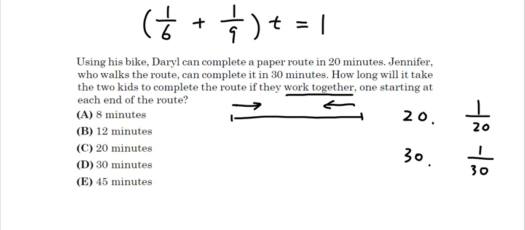So they work together. Start. So how long will it take to finish the job? Suppose 10 minutes. So 10 minutes for this guy is so much, right? For that guy it is just 1 over 30 multiplied by t. So together they finish the job, equal 1.